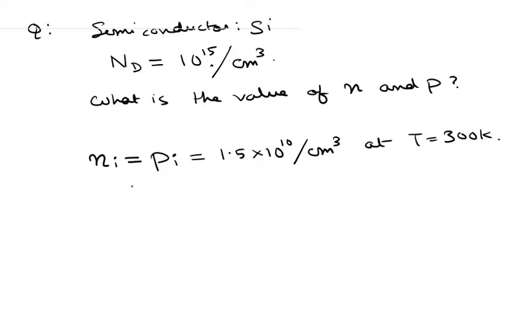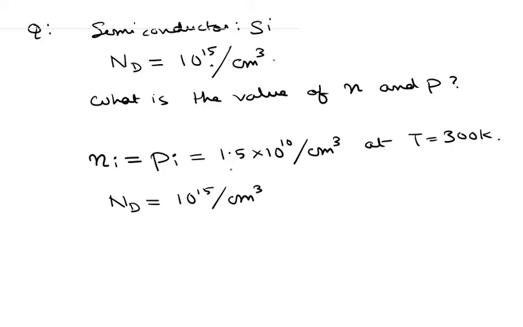Now it is given that the concentration of phosphorus atoms, Nd, is equal to 10^15 per cm³. So we have doped our silicon with 10^15 per cm³ of phosphorus atoms.